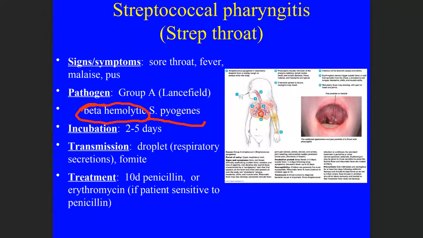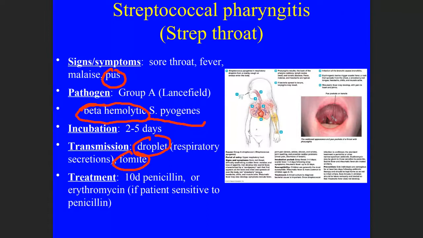Now, strep throat is primarily transmitted through droplet transmission or fomites. And if you've ever had strep throat, which at some point in our lives we all have, there's usually a sore throat, fever, a feeling of fatigue and malaise that goes along with it, and pus in the back of the throat. In fact, the fact that this bacteria produces pus has to do partially with how it gets its name.